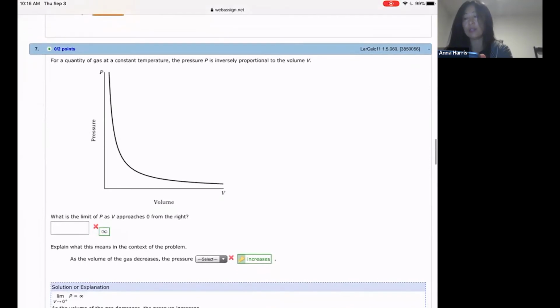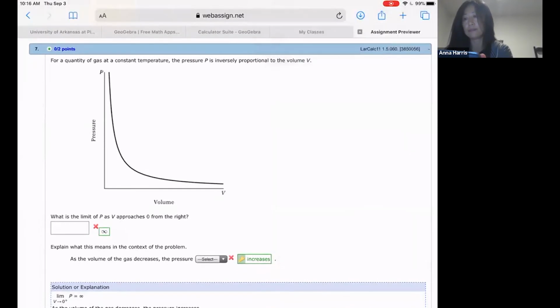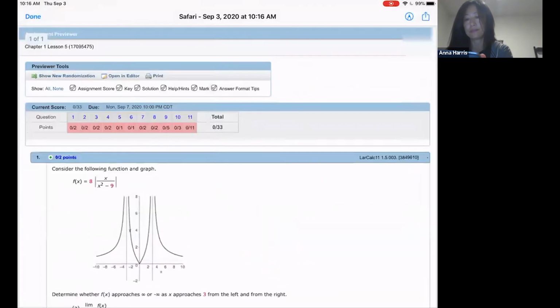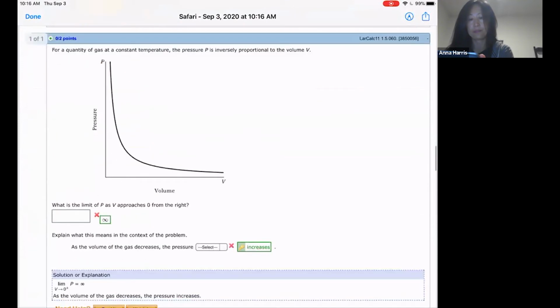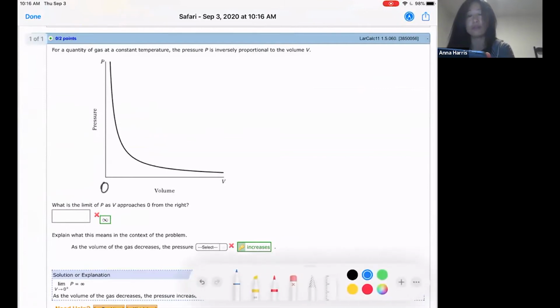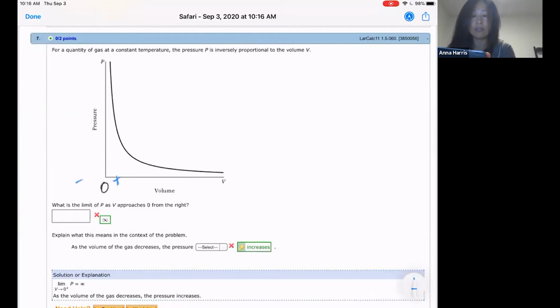Now it's asking you, what is the limit of P as V approaches 0 from the right? So this is 0 right here. They're asking you where your graph approaches: 0 from the right is this way, 0 from the left is over here.